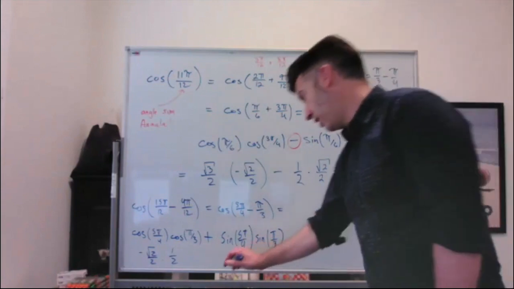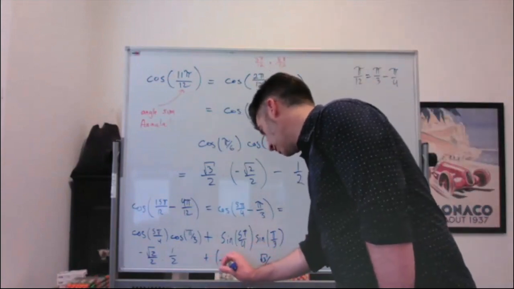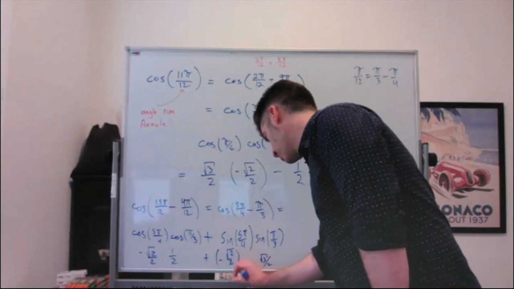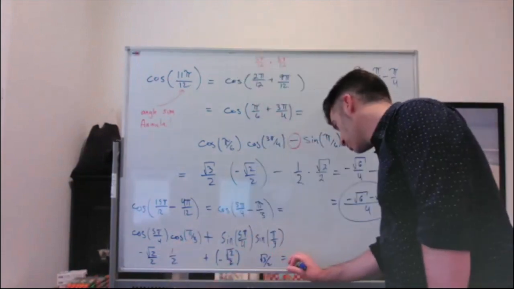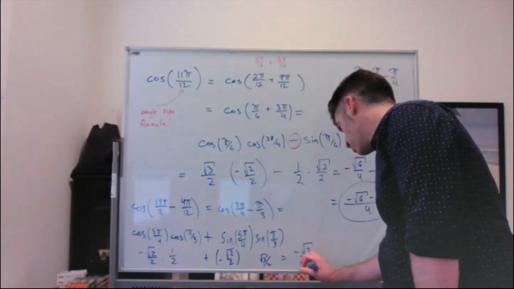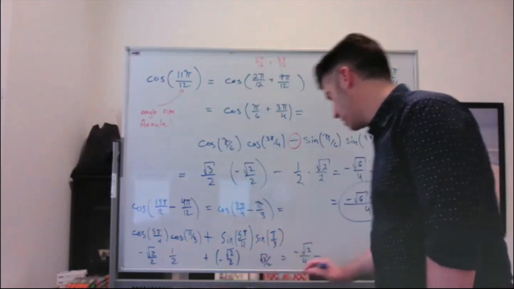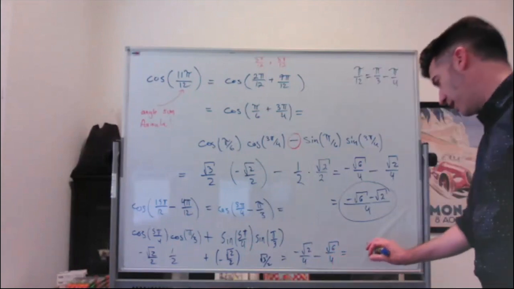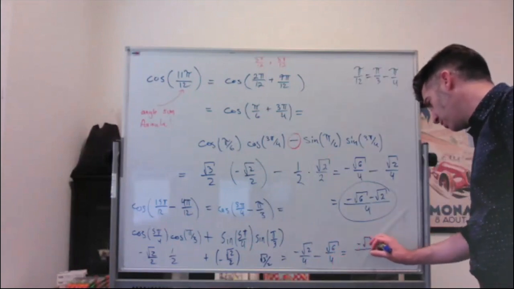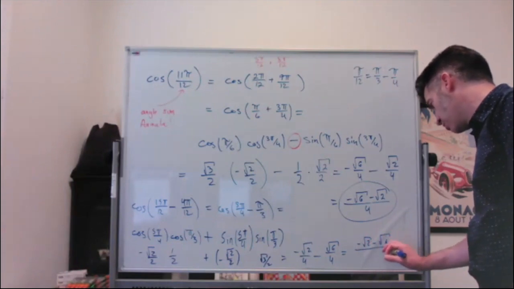And then sine of 5 pi over 4 is also a negative √2 over 2. So I get the same answer. I get a negative √2 all over 4 minus a √6 all over 4, which we can simplify as negative √2 minus √6 over 4.